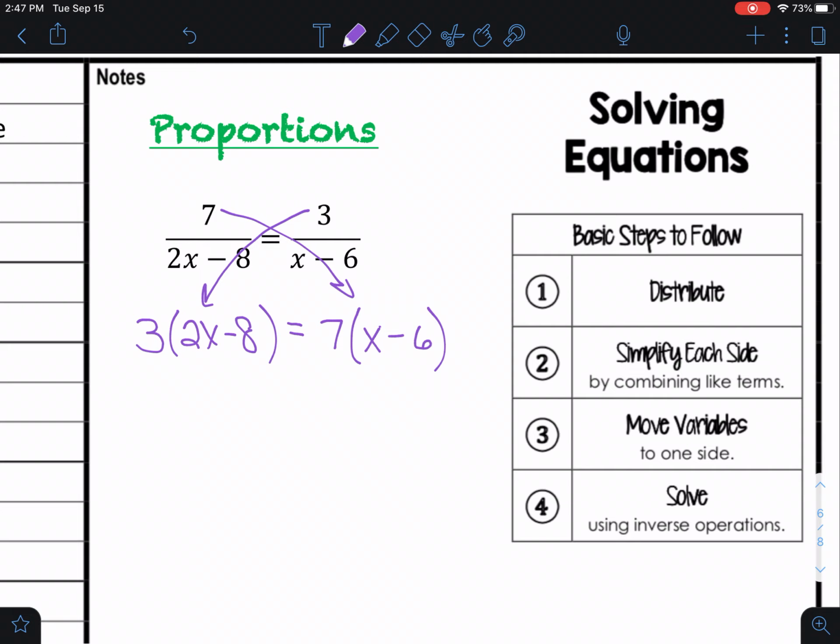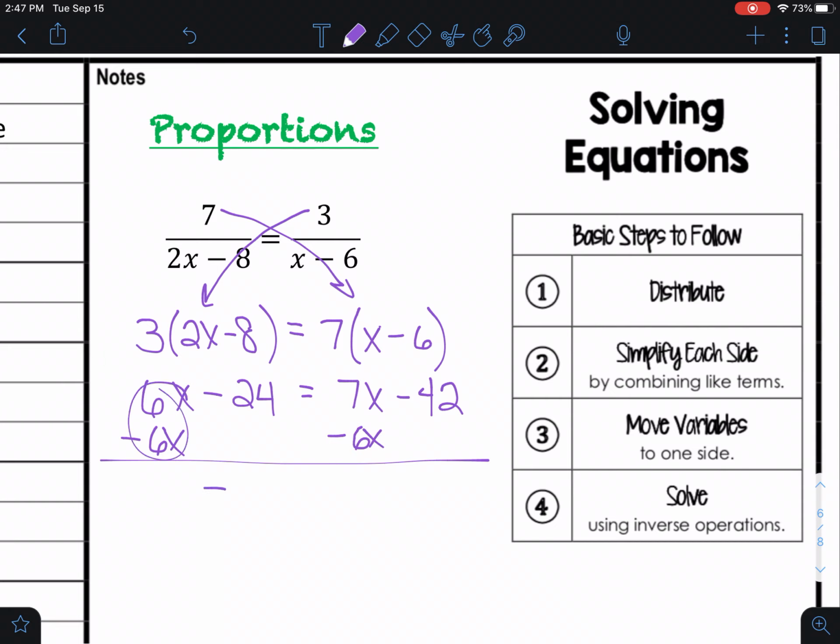Okay. Step 2, there's no simplifying I can do on either side, so I'm going to get my variables on one side. I'm going to decide to get rid of this 6x on both sides. Don't forget that negative to go with the 24. Equals x minus 42. Okay, or 1x minus 42, however you want to think about that.